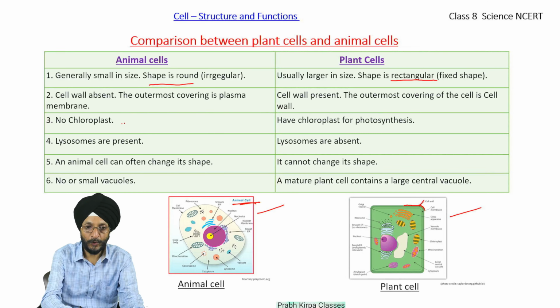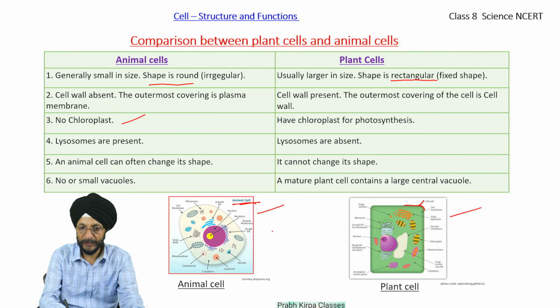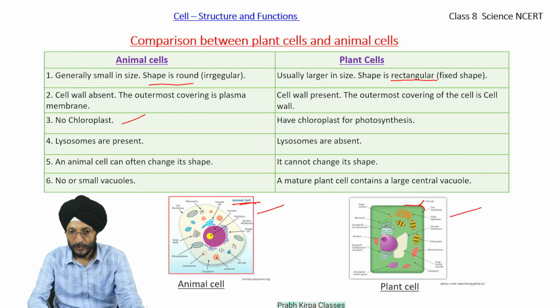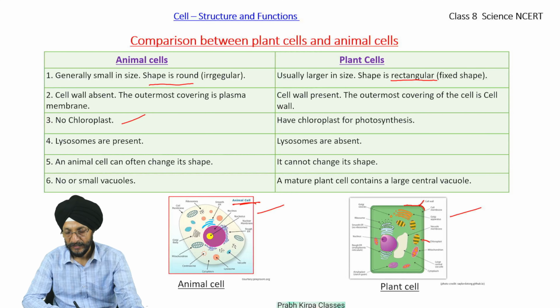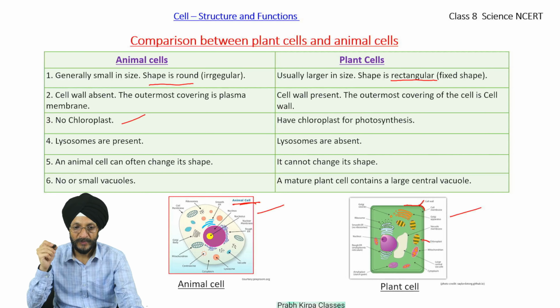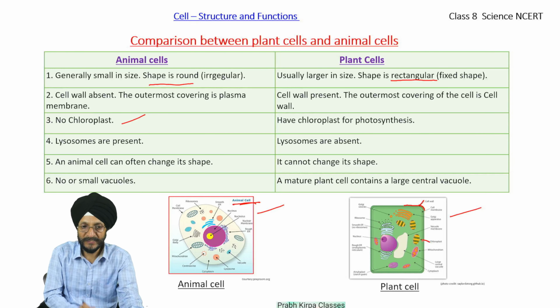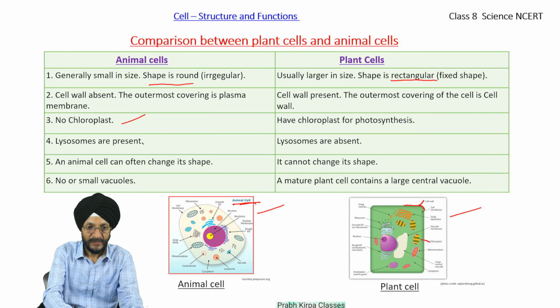No chloroplast is present in the case of animal cells. However, chloroplast is present in the case of plant cells because chloroplast help in the synthesis of food. Animals cannot prepare their food, so chloroplast is not present in animal cells.